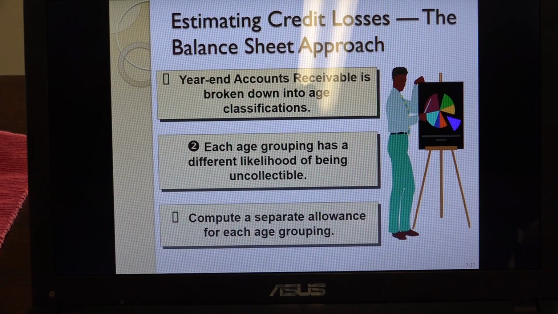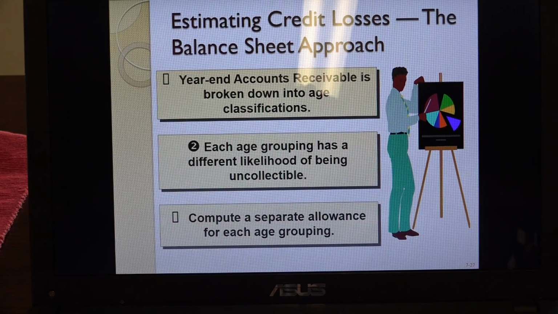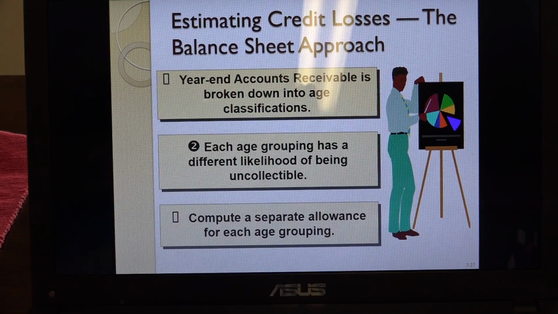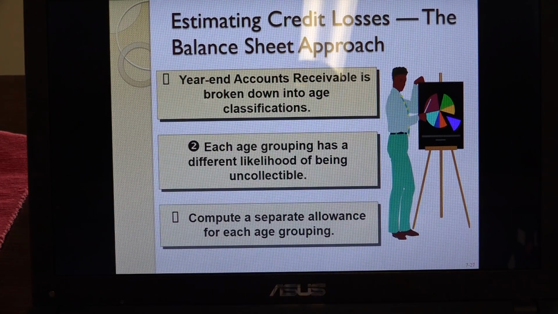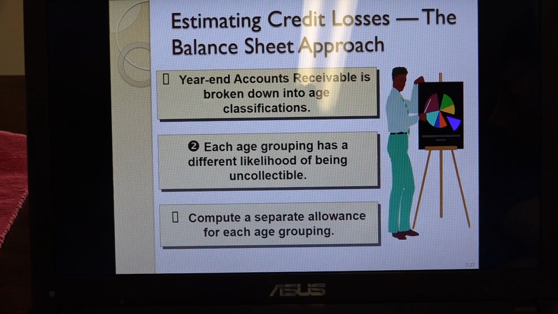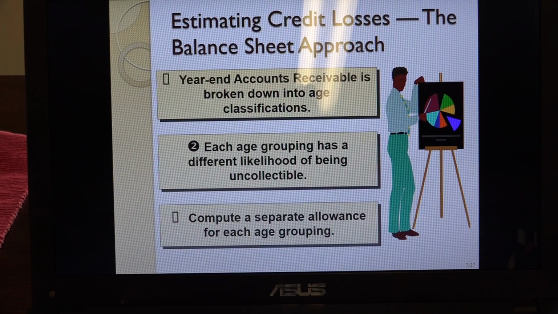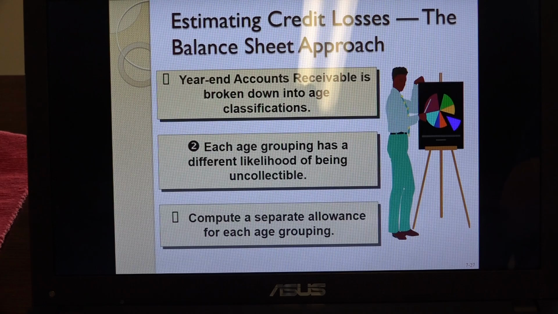I would recommend that you go to at least over 90 days past due so that you can get a good aging breakdown of collectibles. Why is this important? Why do you need this breakdown?